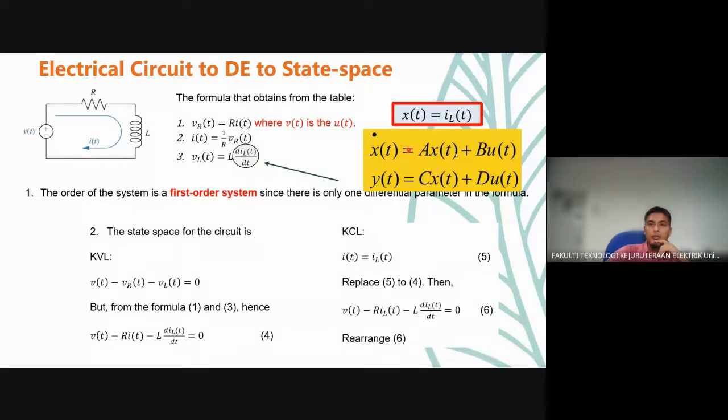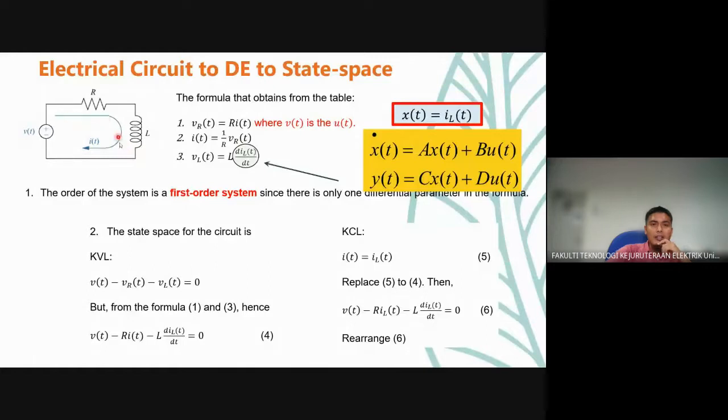After we complete the KVL equation, we need to proceed with the KCL equation, Kirchhoff current law. In this Kirchhoff current law, we know that this is the IT, right? IT is also the same as IL.